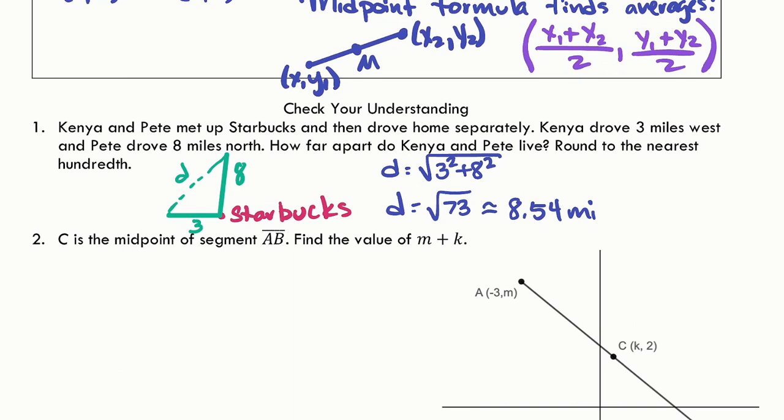So you just square 3 and 8, take the square root, add them together, take the square root. All right, any questions?